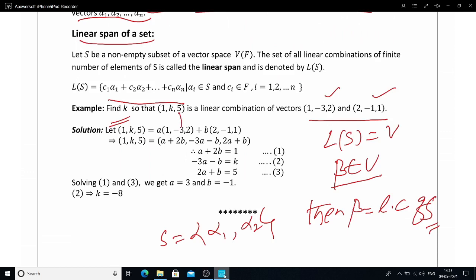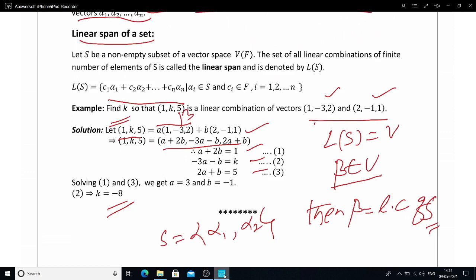Beta equals a linear combination of S, which means I have to multiply each vector by a scalar: A times (1, minus 3, 2) plus B times the second vector. Grouping, equating and solving, we get the value of k as minus 8.